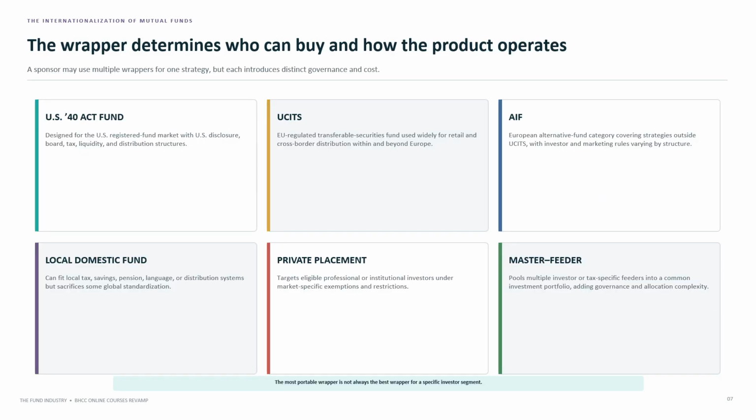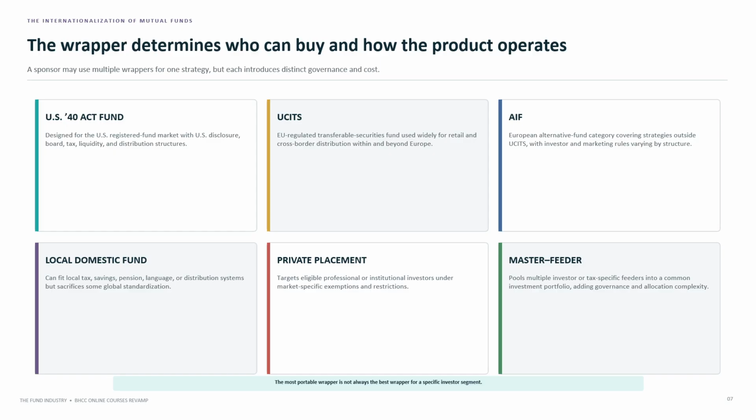The wrapper determines who can buy, how the fund is governed, what it may hold, how it distributes, and which operating costs follow the product. A U.S. 40 Act fund is built for the U.S. registered fund market with its own disclosure, board, tax, liquidity, and distribution framework.